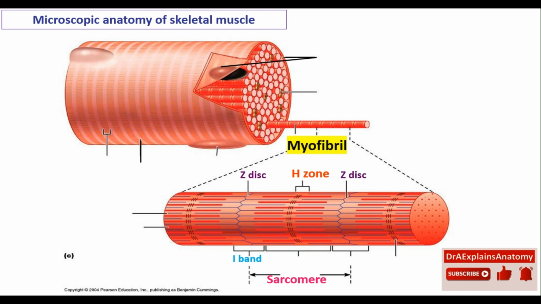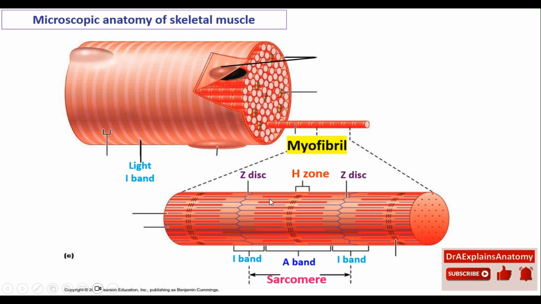This right here is the I band. Remember, the I band gives the lighter striation. So this is the light I band. We can see it right here on the myofibril anatomy. The I band is shared by two nearby sarcomeres.